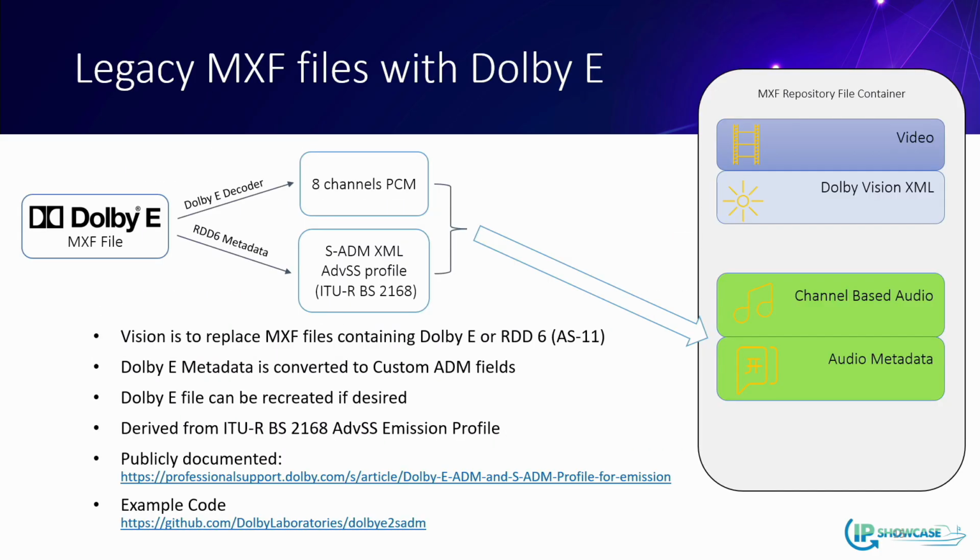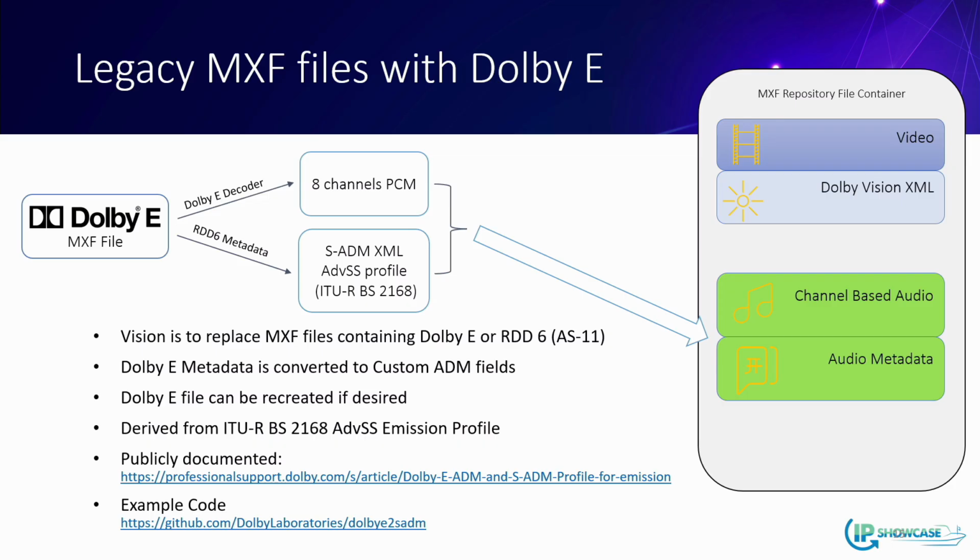And one other format that we needed was a Dolby E compatible profile. Dolby E is a legacy audio format. It's 20 years old now, but a lot of organizations have big libraries of Dolby E, and they're looking at moving to use ADM and serialized ADM, and they have requested a way of carrying the Dolby E metadata across the network or storing it in files without having to actually have the Dolby E bitstream and deal with the decoding and all the rest of it.